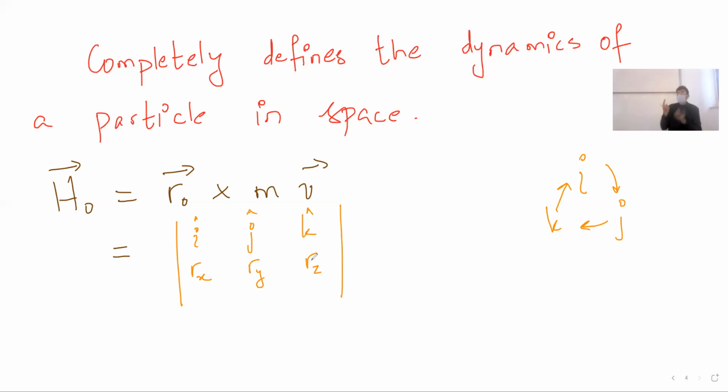If I ask you what is the position vector of that person with respect to this origin, for sure it will be X, Y, Z. This is X, that is Y, that is Z. We will just measure this, and this, and that will be the position of that person sitting on that corner on the rooftop. So I will have RX, RY, RZ. I will have MVX, MVY, MVZ.